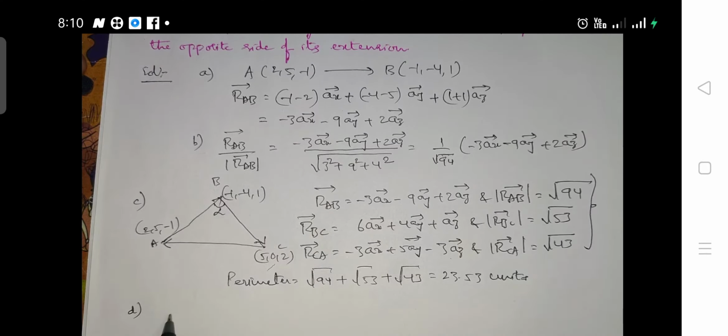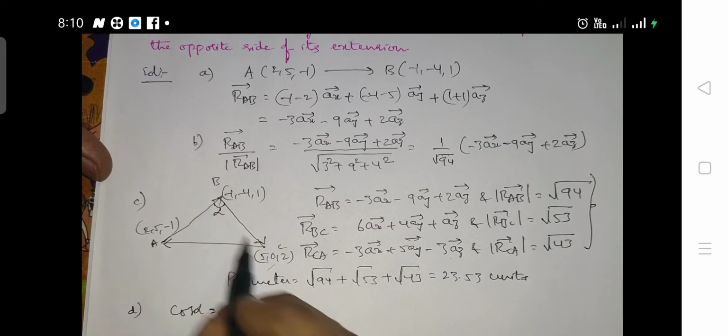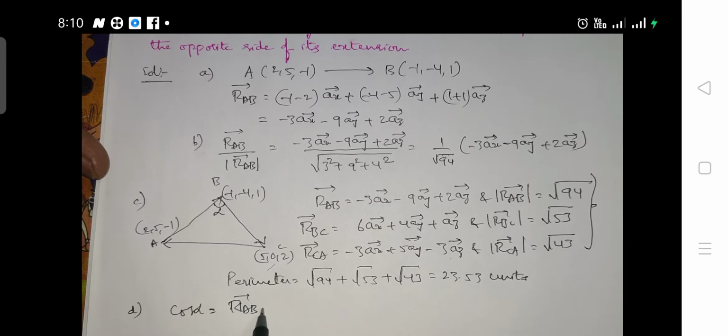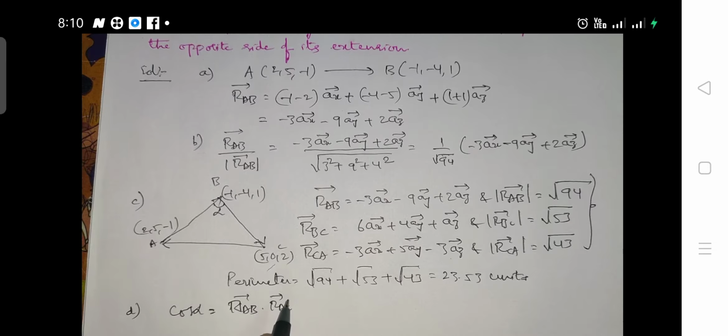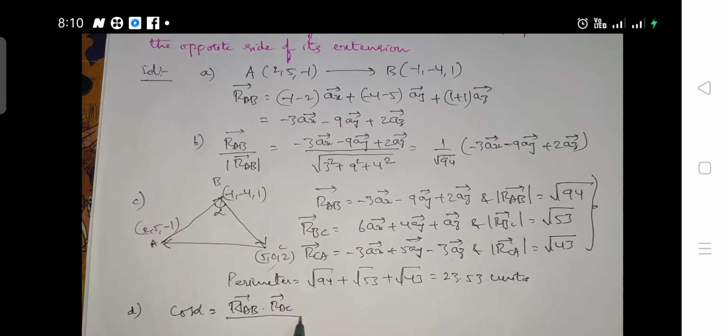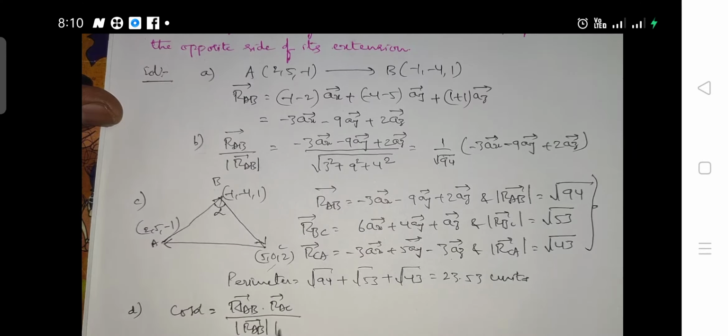Then the formula for calculating cos alpha is equal to the dot product of RAB bar dot RAC bar, divided by the magnitude of RAB, magnitude of RAC.